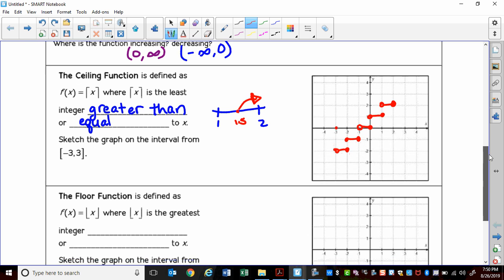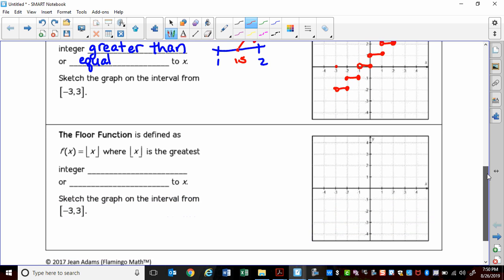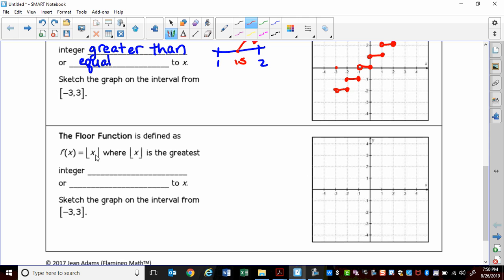Okay, it's going to look a little bit different for the floor function. This one is going to be pretty much the complete opposite, where the value is the greatest integer less than or equal to x.